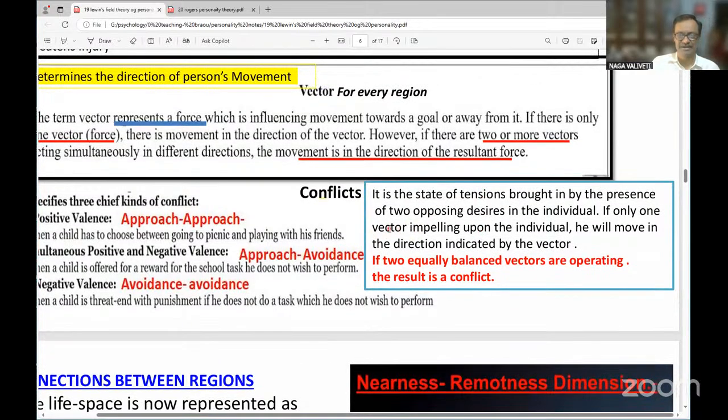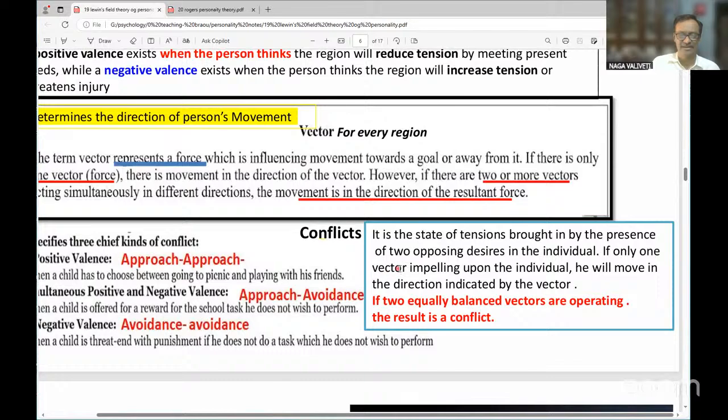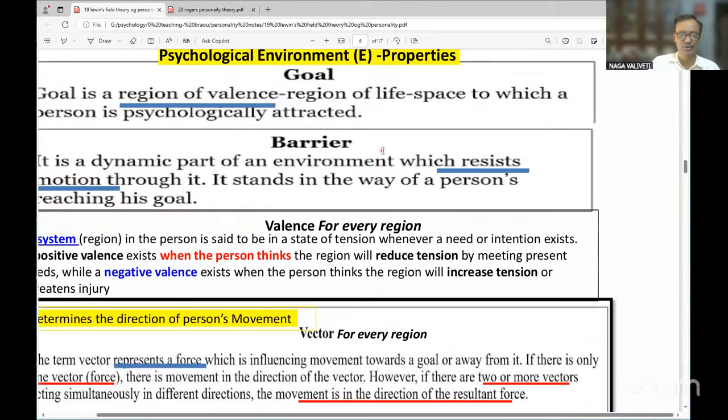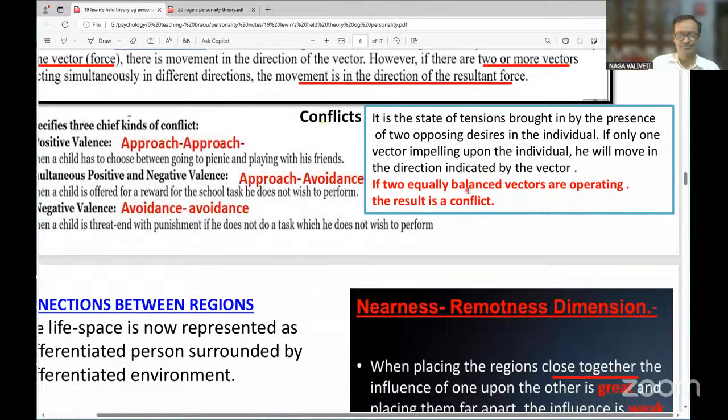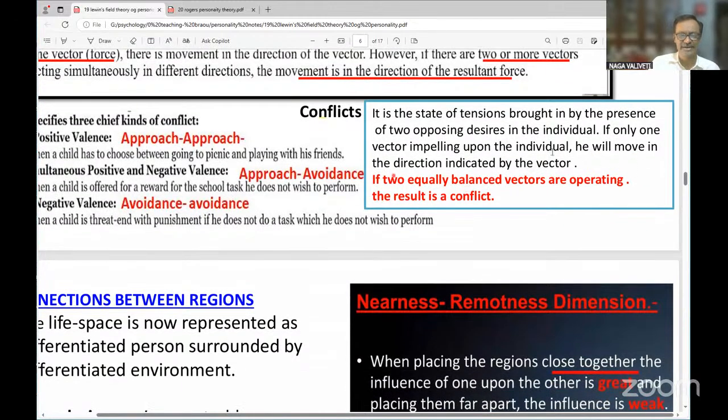Please remember that one. There will be an arrow for that. For valence, there will be no arrow. For vector, there will be an arrow. The point where it is touching is the place where that force is acting. It gives direction and the point of action. Then in the resultant direction, the person will be moving.